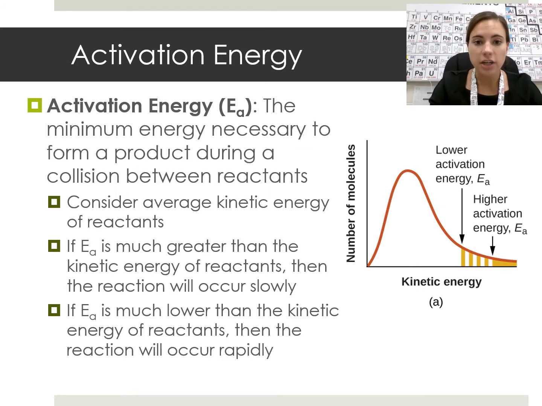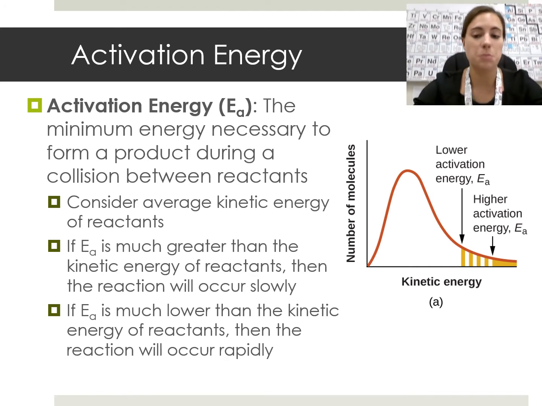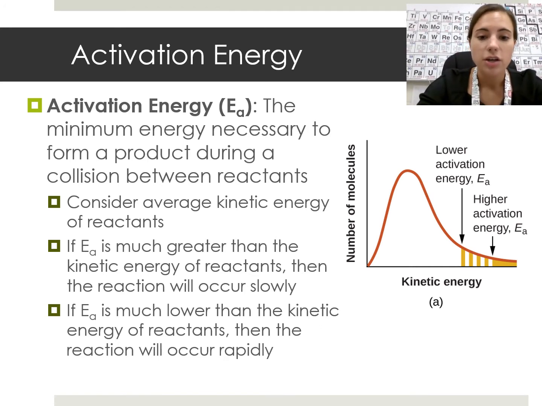Not all molecules are traveling at the exact same speed with the exact same energy. So that's why we have graphs that look like this. If this is the whole sample, this axis shows me the number of molecules and this axis shows me the kinetic energy.